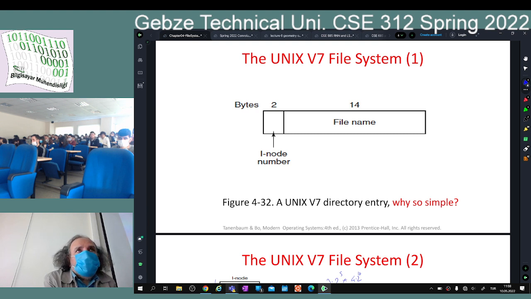I think I talked about this. Our operating systems are very robust; even if you crash some part of your operating system, they will not go down. They have ways of repairing themselves.